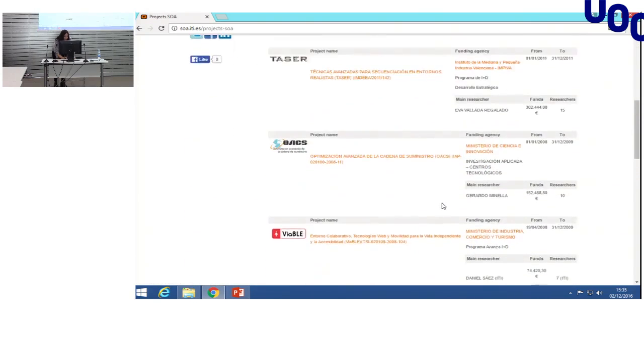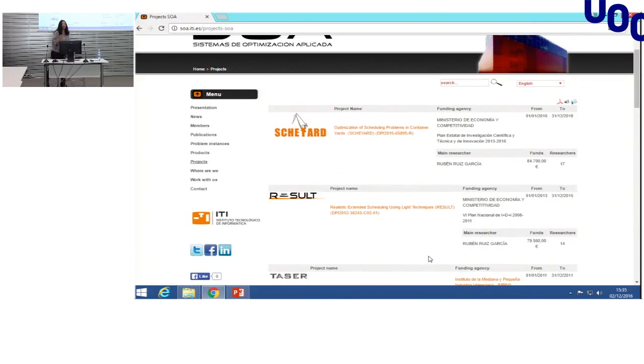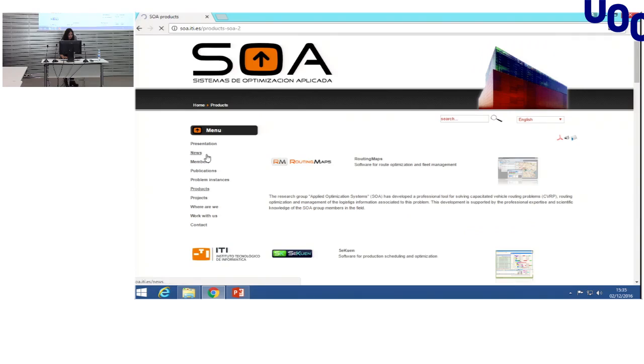Okay, we have several projects funded by the Spanish government or Valencian government. And now we are working in this project. It's optimization of scheduling problems in container yards. We just started this year, 2016, for 3 years. And we also work in some products for companies. We have 3 software products.